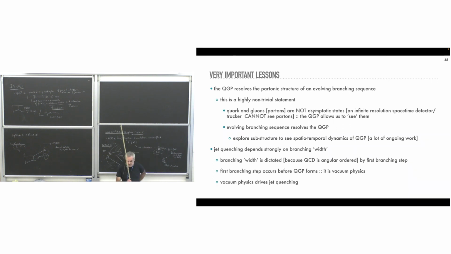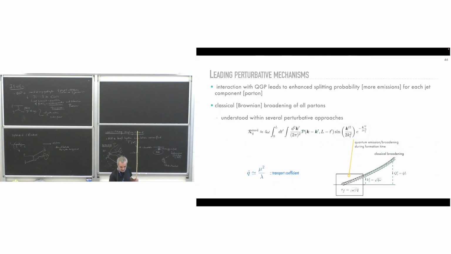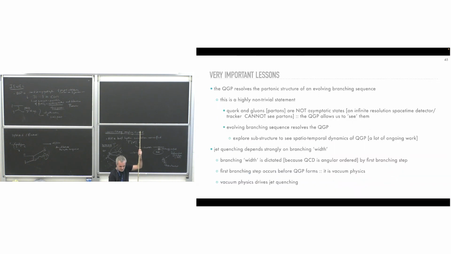So this is what we saw, and I need to make this difference. What I said is that jet quenching really depends on the branching width, so how rich my shower is.